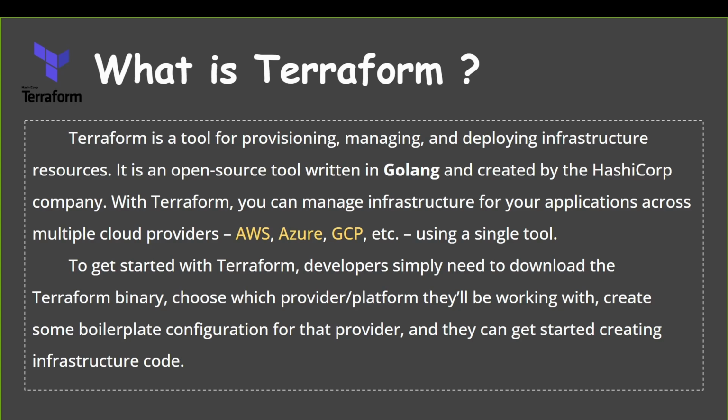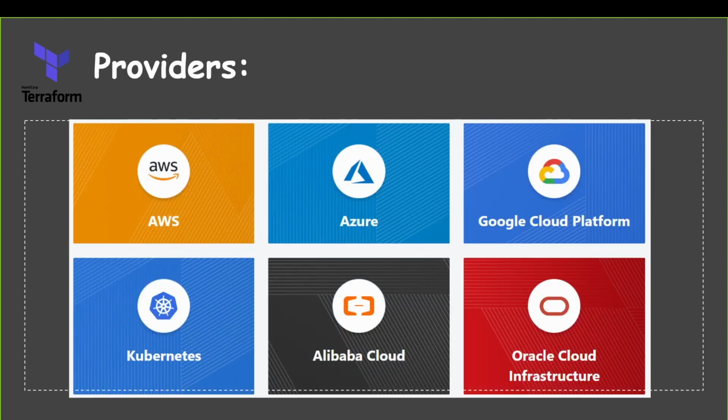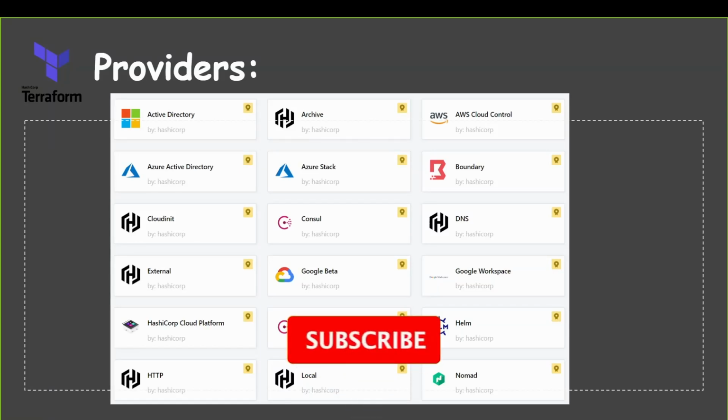In Terraform terms, all of these cloud providers are called providers. A provider is going to give you the capabilities of creating the infrastructure. So you have GCP, Google Cloud Platform, Azure, Alibaba Cloud, Oracle Cloud Infrastructure, Kubernetes, AWS, you name it and you have it.